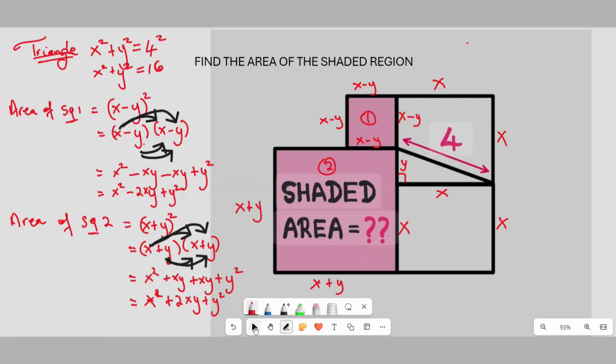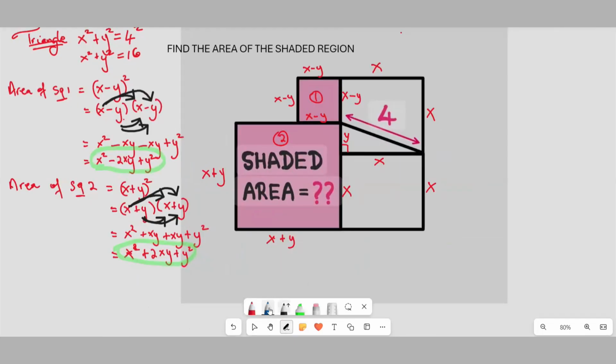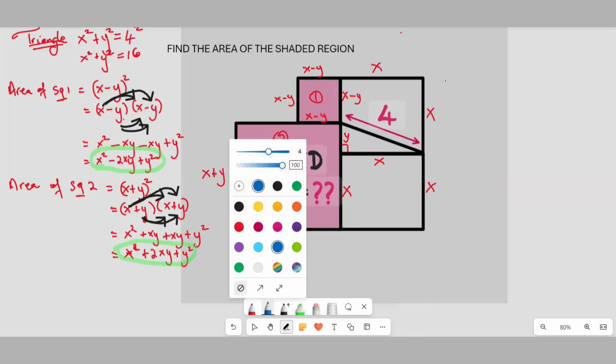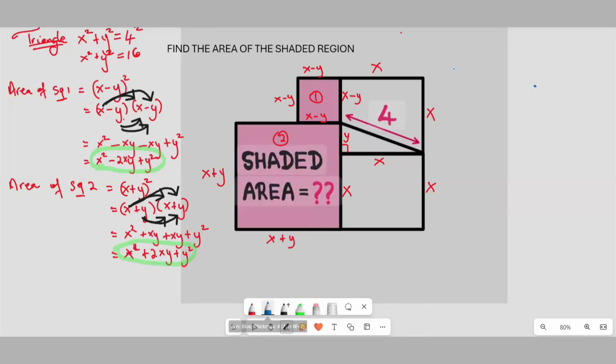Now, let's put the idea together. What we're doing here is adding the area of the two shaded regions that we have. So we're looking at adding the area of square 1 and 2. So we're going to put them together.